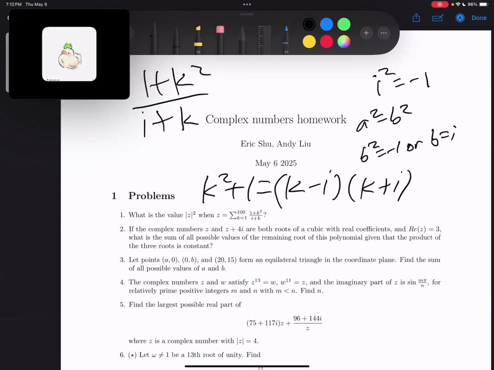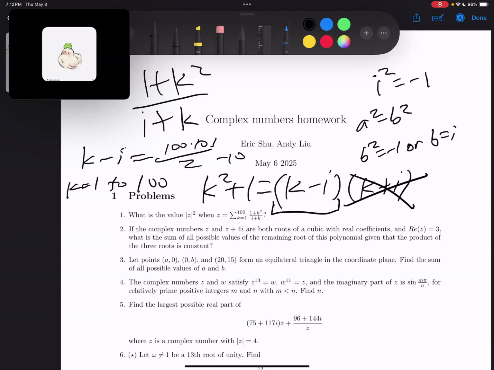Since we want 1 plus k squared divided by i plus k, we just have the remaining part of k minus i. So we want the sum of k minus i from k equals 1 to 100. That is equal to 100 times 101 over 2 minus 100i.